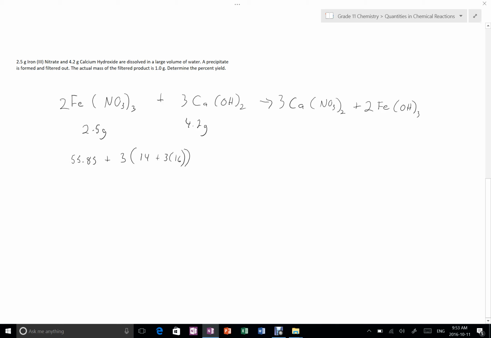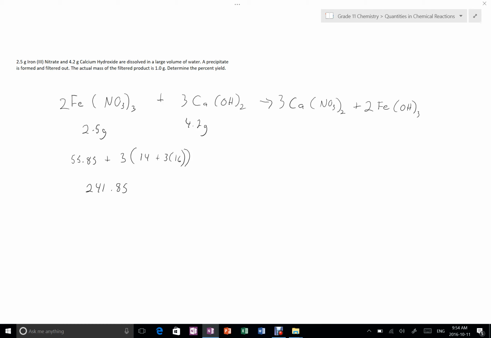So that is 3 times 16 plus 14 times 3 plus 55.85, which is 241.85, the molecular mass of that great big ionic salt.